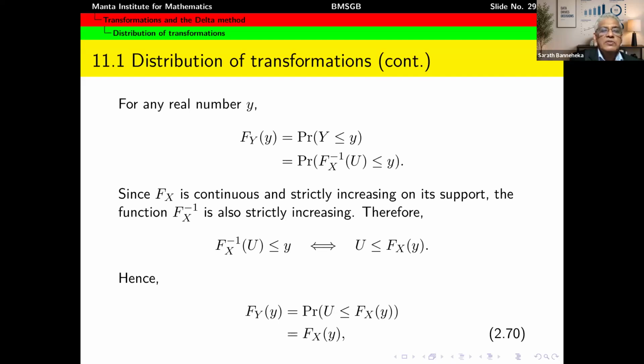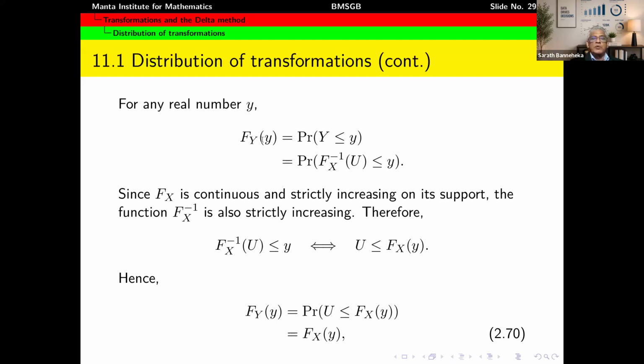The function F_X inverse is also strictly increasing. Therefore, the event F_X inverse of U less than or equal to y implies U less than or equal to F_X of y. It goes both ways: this implies this, and this implies this. Therefore, we can replace this event by this event.